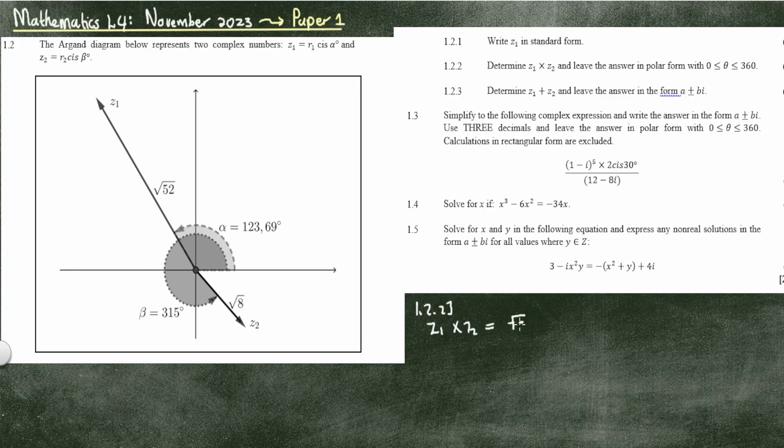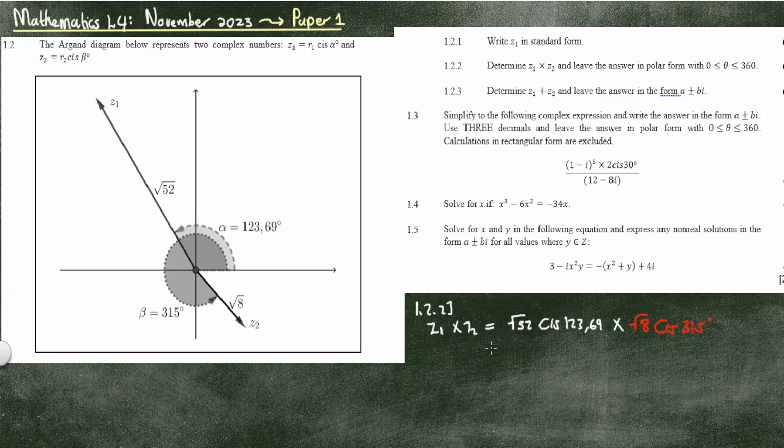That's the square root of 52 cis 123.69, multiplied by z2. Z2, complex number 2, is square root 8 cis, the argument is 315 degrees.